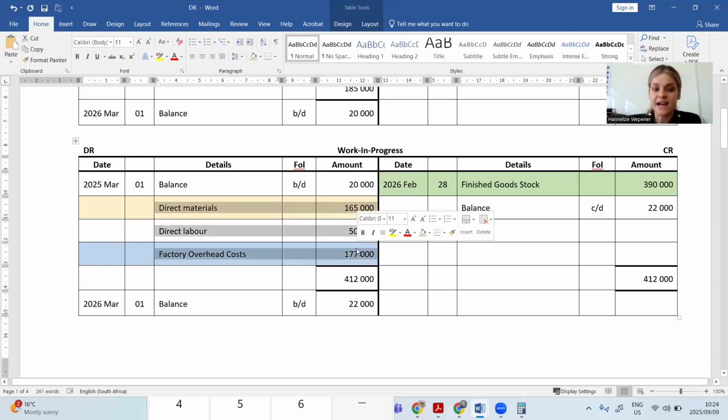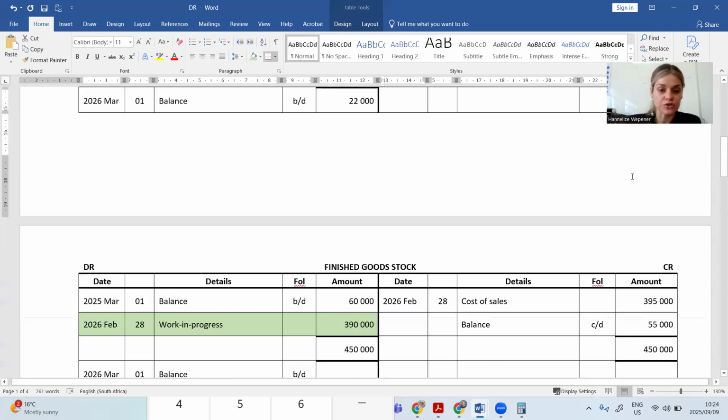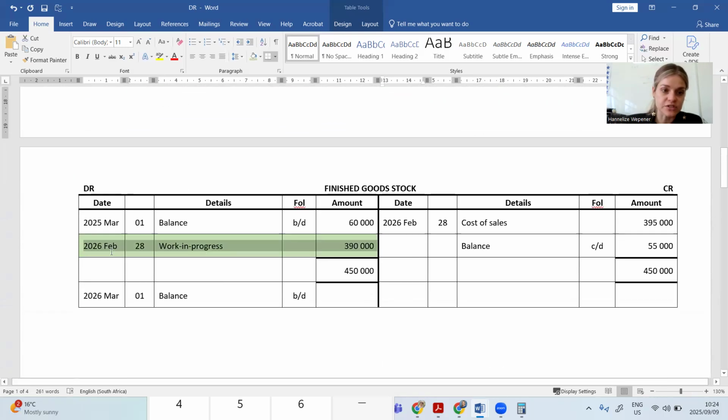Then it is direct labor, direct materials, and your factory overhead cost added together. Okay, I can also ask you to calculate the value of the stock that you finish producing during the year. Then it is your work in progress that you are done with, that you took to your finished goods stock.